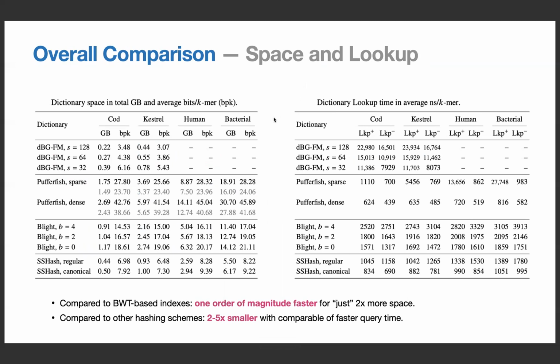You can actually see, without going through each line, that our solution, SSH, is more or less one order of magnitude faster than the FM index, for just sometimes 2 times more space. Instead, compared to other schemes based on hashing, we are between 2 up to even 5 times smaller in space, with comparable or even faster query time.